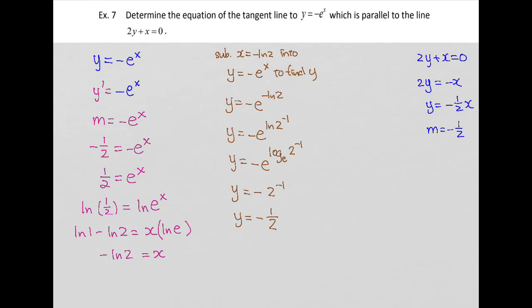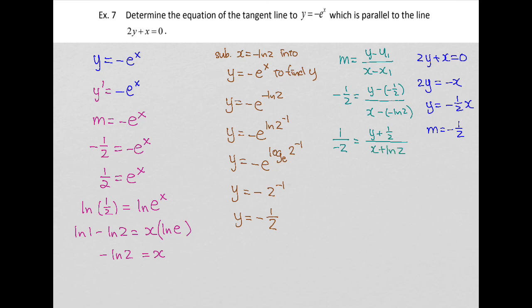Now we have the x, we have the y, we have the slope, then we can find the equation. So m equals y minus y1 over x minus x1. So our slope is negative 1 over 2 equals y minus negative half over x minus negative ln 2. And let's put the negative sign into the denominator. So it becomes 1 over negative 2 equals y plus half over x plus ln 2.